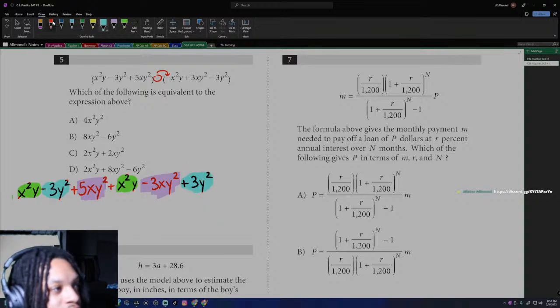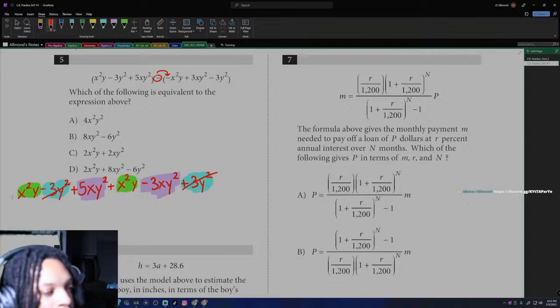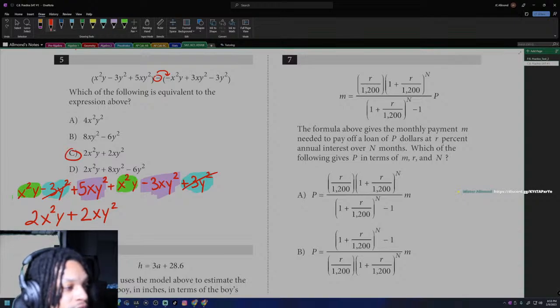So those are going to cancel. So let me just combine my greens. I got one x squared y plus another x squared y. That should be 2x squared y. And then if I combine my purples, 5 minus 3 is a positive 2xy squared, which is exactly what C says. Yeah, we're good.